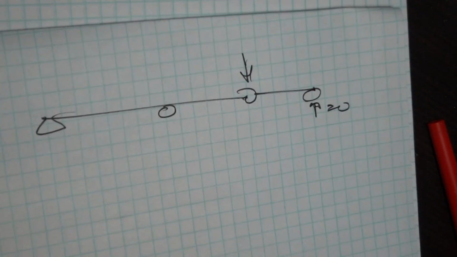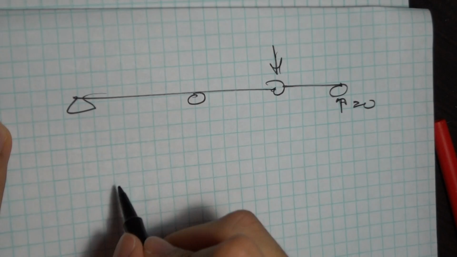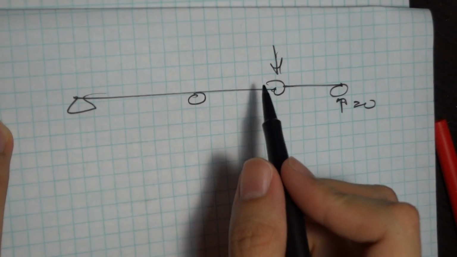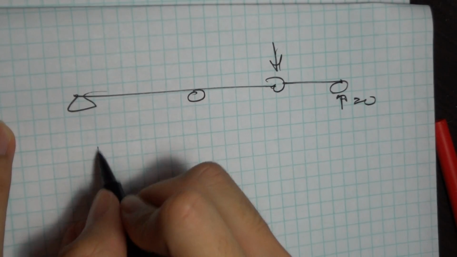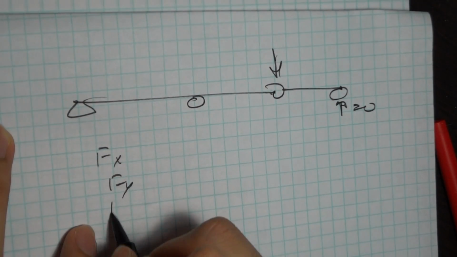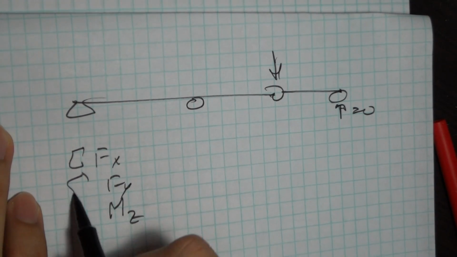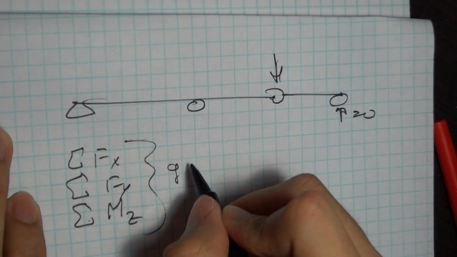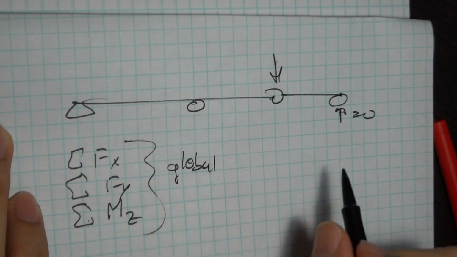The idea here is, remember that when you're working with a hinge, you take the moment at the hinge, you just look at either the left side of the hinge or the right side of the hinge, and you can do your sum of forces. So your normal equations are Fy, Fx, Mz. These are global. You must use these on all your members.